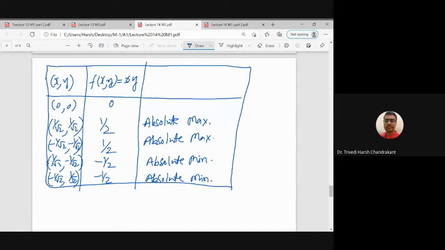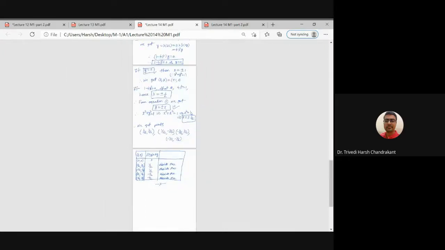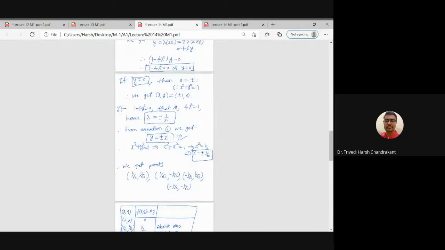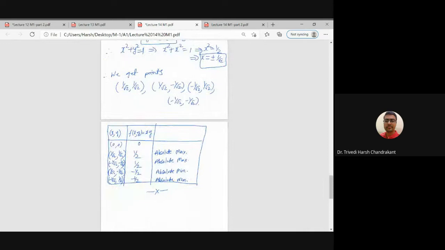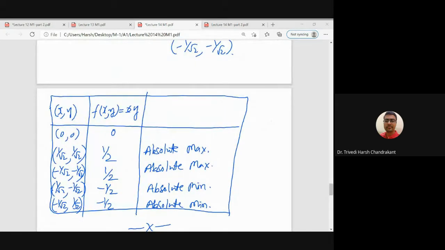Two curves where along one the value of the function is greater than 0, along one it is less than 0, that means it is a saddle point. So this was one example of how to find absolute maxima and minima for a two variable function. So any doubt so far in this particular example?